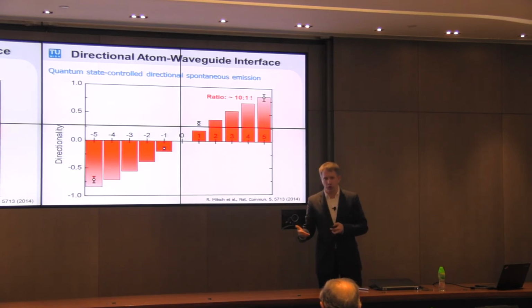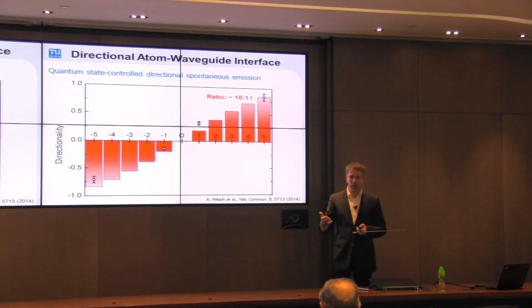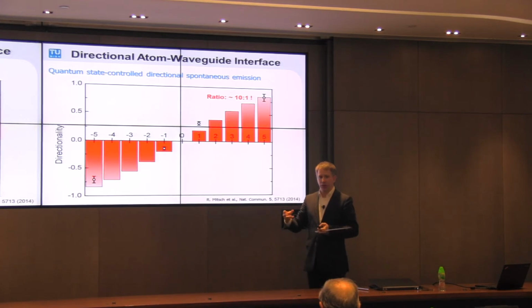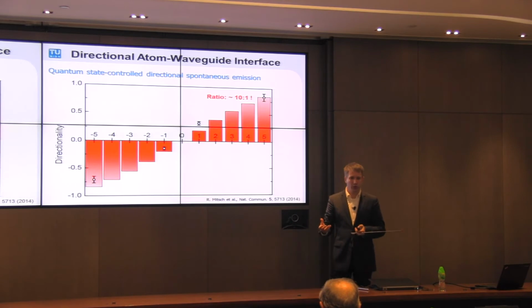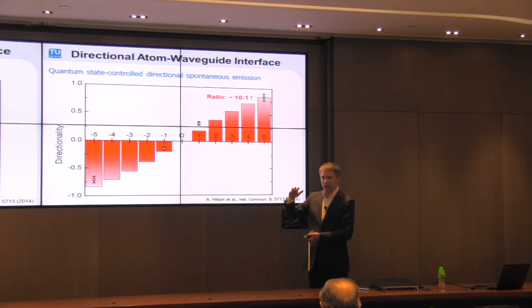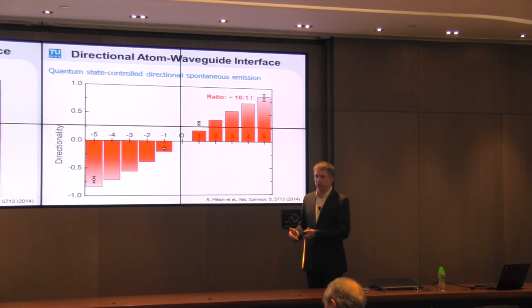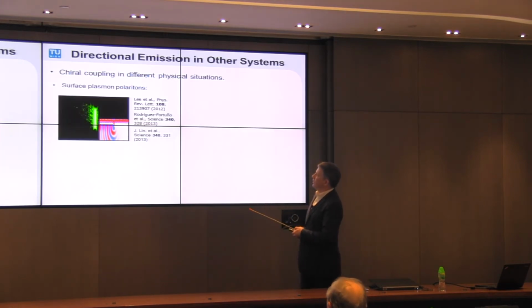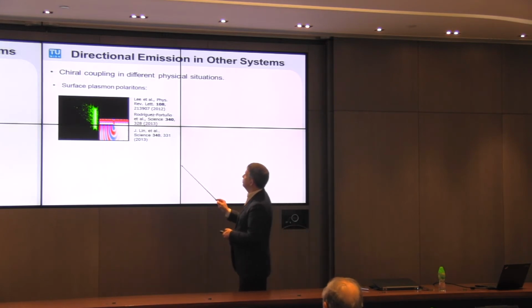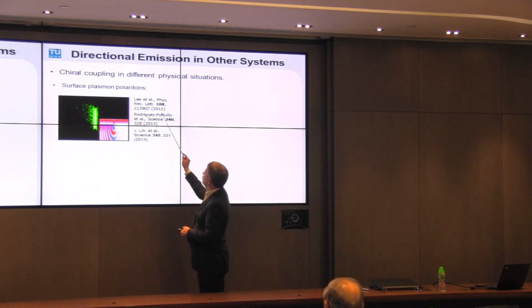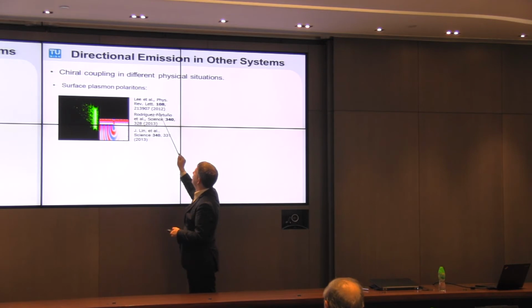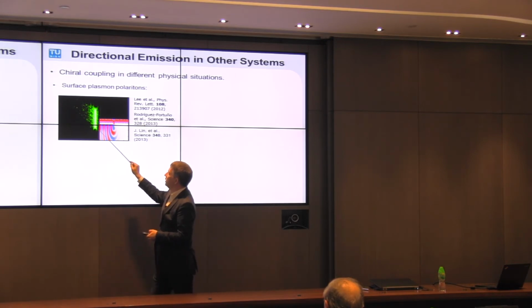It can occur every time that you have a spin momentum coupled light field, and the spin momentum coupling occurs every time that the light field is transversely confined so that the amplitude has a strong gradient in the transverse direction. To my knowledge, the first time that such a directional spontaneous emission has been observed was in South Korea in 2012, where they looked at surface plasmon polaritons.